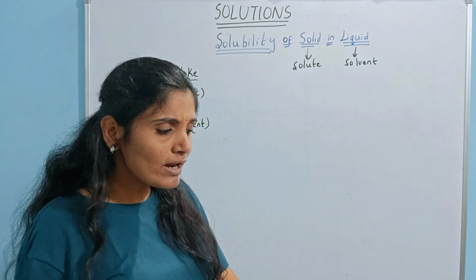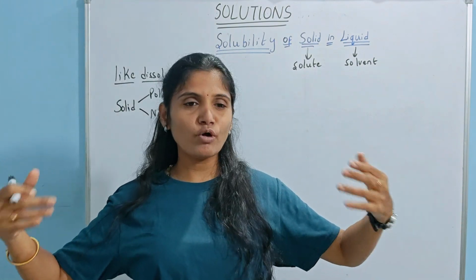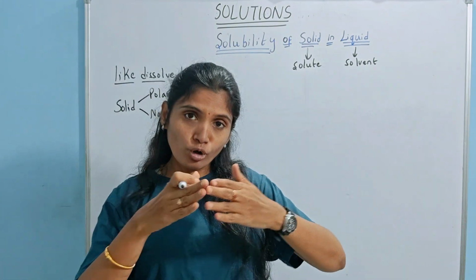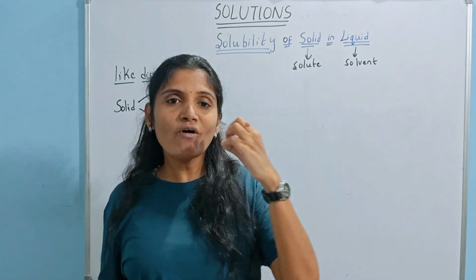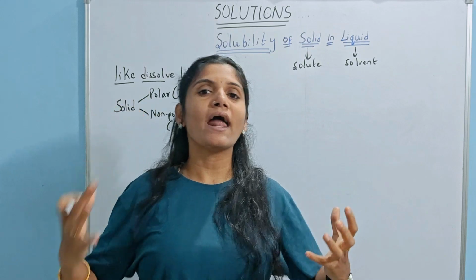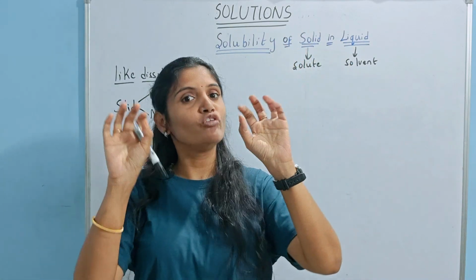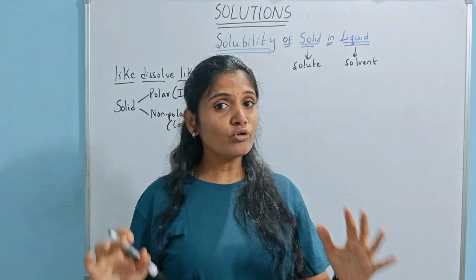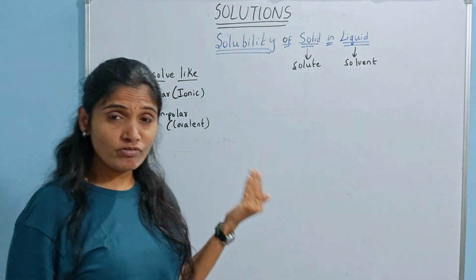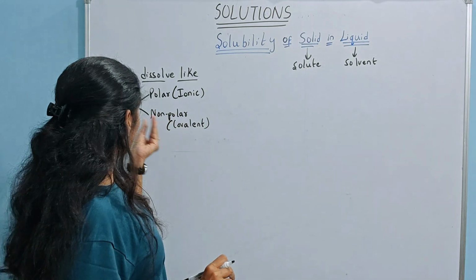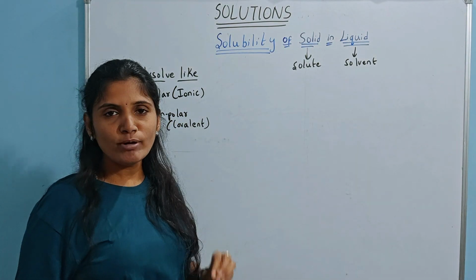Even in a covalent bond you have separation of charges, but in an ionic bond you have a perfect cation and a perfect anion. So they are clear poles, a positive pole and a negative pole. So ionic compounds are very strong polar compounds. Solids can be polar solids, which are ionic compounds, and solids can be non-polar solids, which can be covalent.